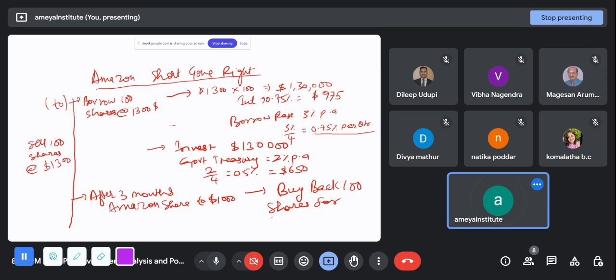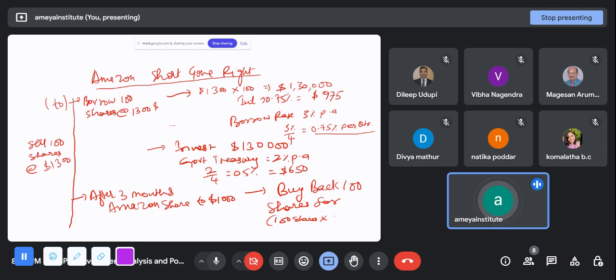At what price can I buy back these 100 shares after 3 months? How many shares are we buying? 100 shares.